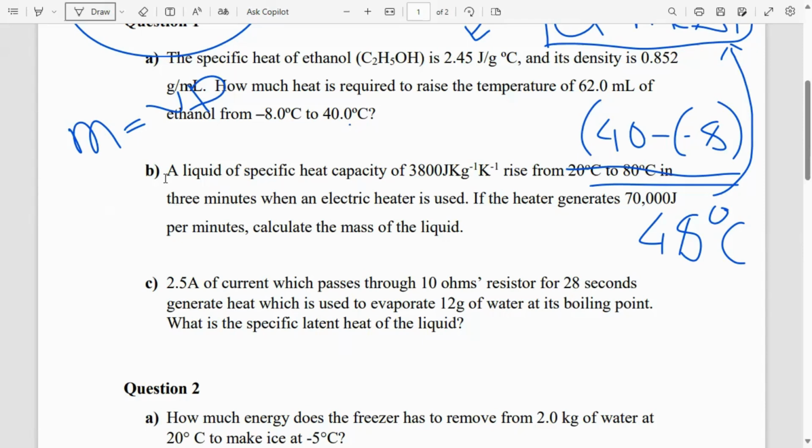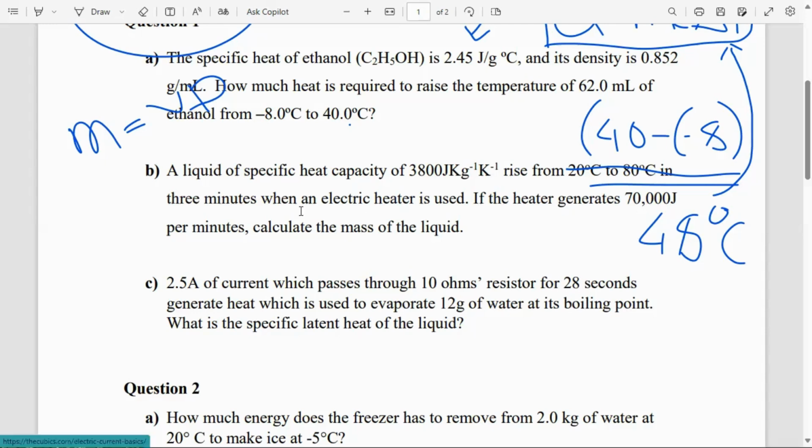Okay, so this is also a very interesting question because they are telling us we have this liquid which has a specific heat capacity of 3,800 joules per kg Kelvin, and a temperature difference of 60 degrees Celsius.